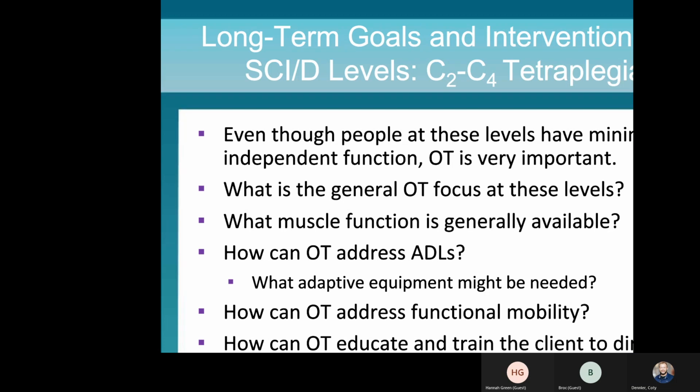What else? Getting in and out of the home. Home modifications, ramps. How are they going to get back and forth anywhere? So maybe they might need a modified van, things like that. Another really important thing that you're going to do is educate the patient on how to advocate for their own care.